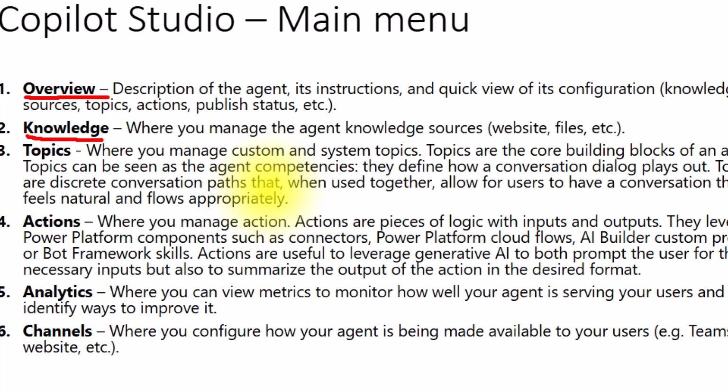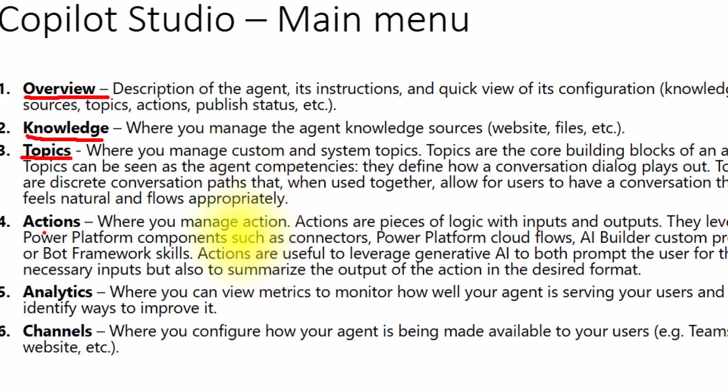Here you can add, for example, the files that the Copilot indexes and will be able to use to answer. The next one is the topics, where you manage custom behavior of queries. What happens if you ask, for example, when the shop is open?